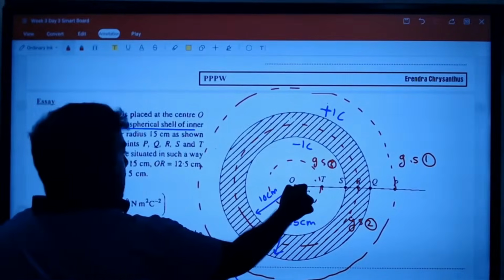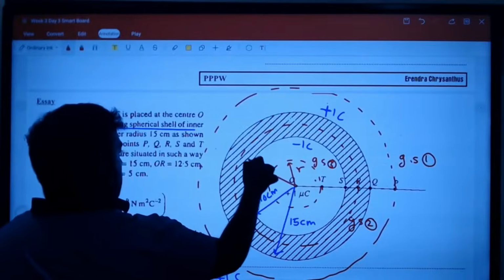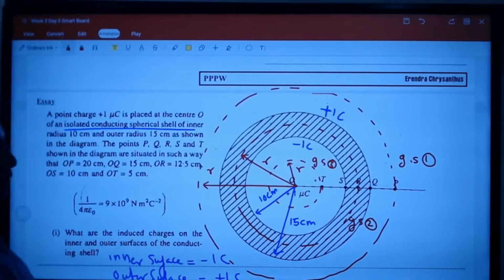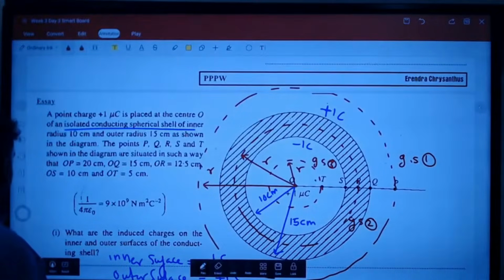You can take the variable distance as simple r. Right, I think now we should do this properly on the board.